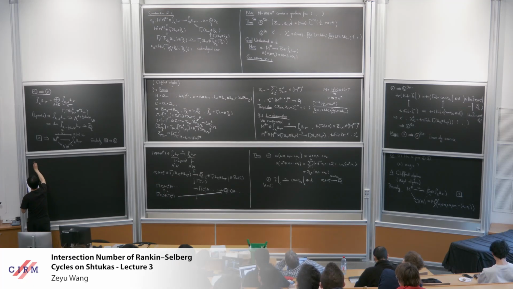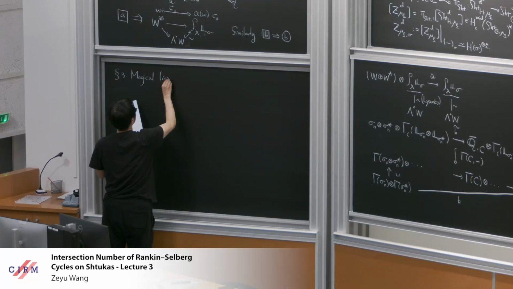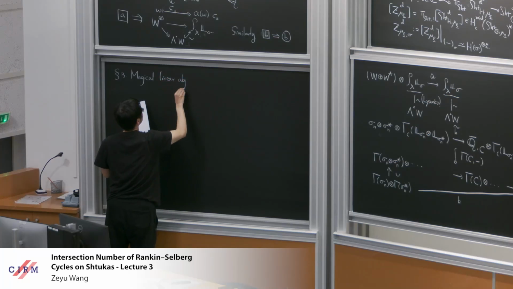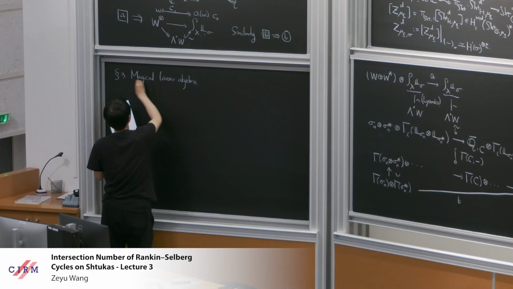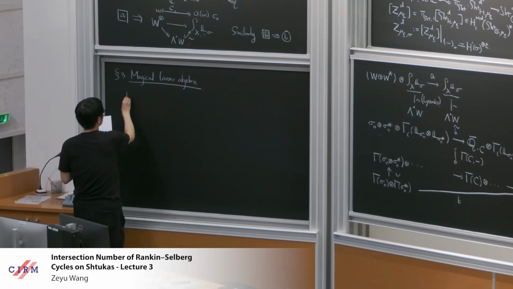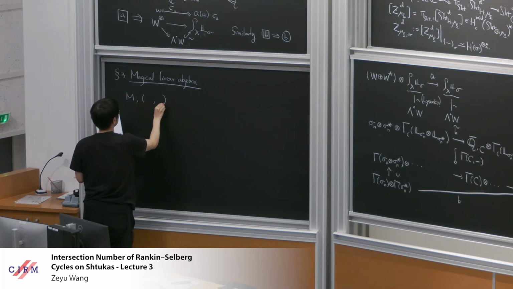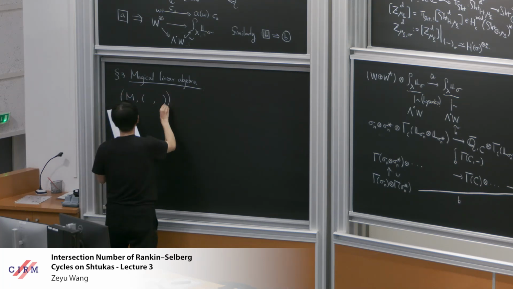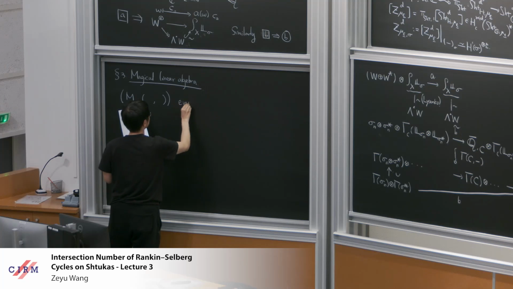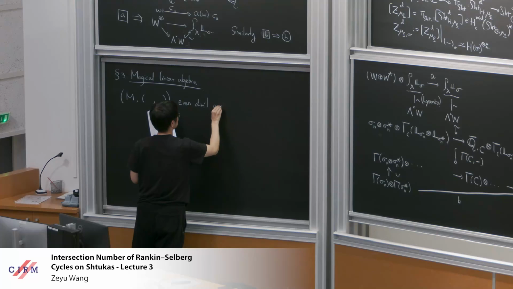So now let's go to section 3. I don't know how to call it. I think it's magical, so I call it magical linear algebra. The setup is the following. You have an M, which is a quadratic space, an even dimensional quadratic space.